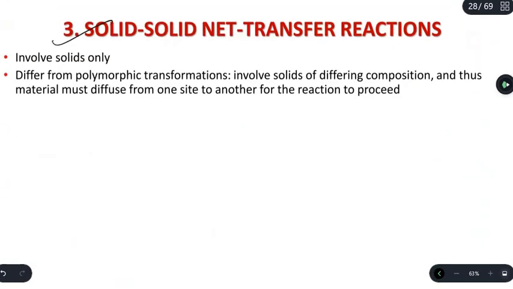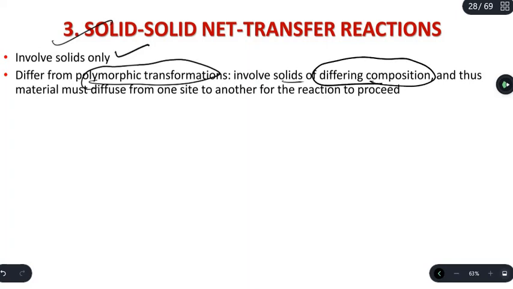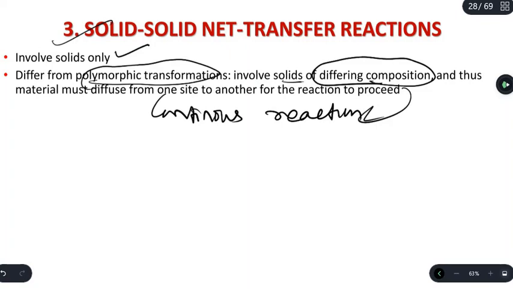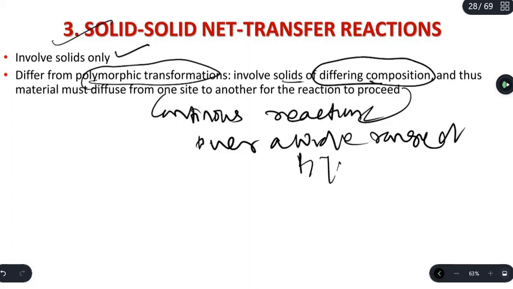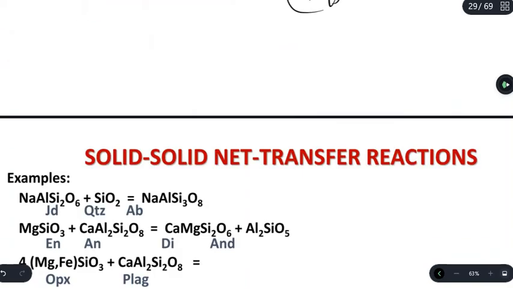Solid-solid net transfer reaction अभी बताया था, that involves solids only, differs from the polymorphic transformation reaction, involves solids of differing composition. जब differing composition होगा तो इसीलिए हम इसको बोलते हैं continuous reaction. ठीक है? Continuous reaction is happening over a wide range of P-T conditions. ठीक है?